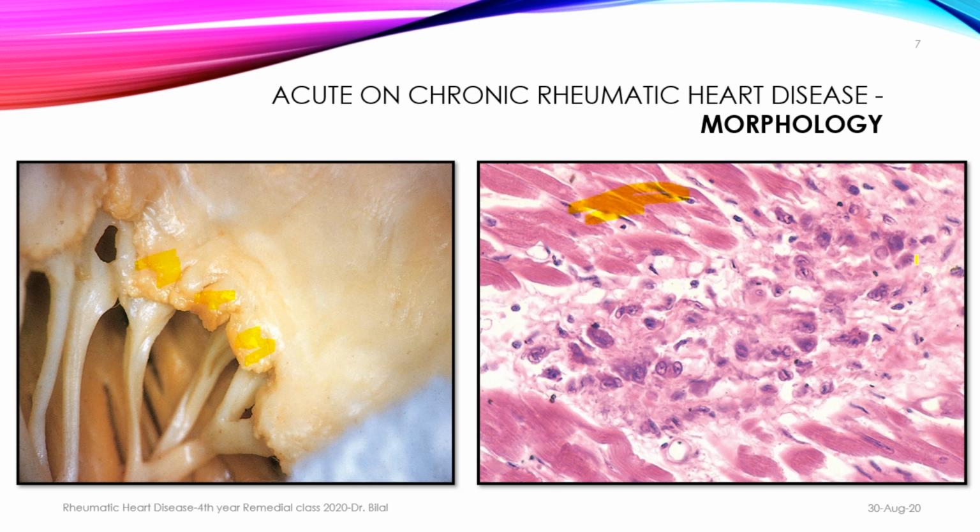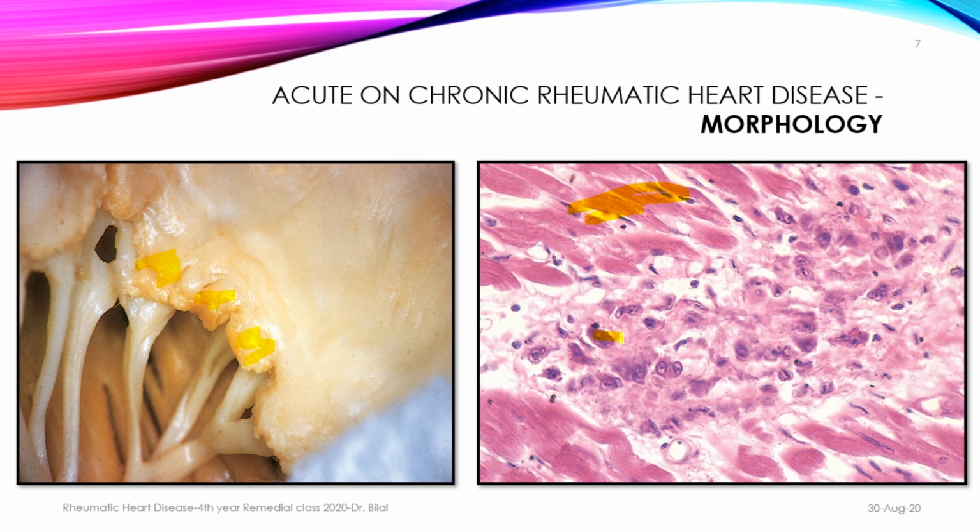Now, this circumscribed area is known as an Aschoff body. Remember the word. This is called an Aschoff body, and it is comprised of activated T lymphocytes and a few other larger cells. There may be some plasma cells as well, and the larger cells are important because they're known as the Anitschkow cells, and these are activated macrophages.